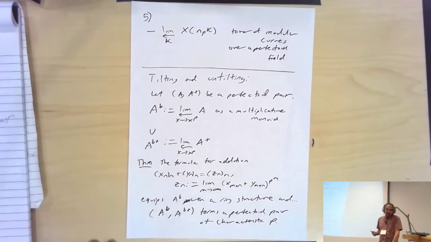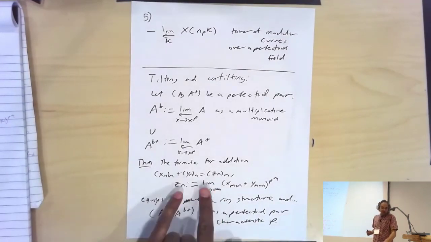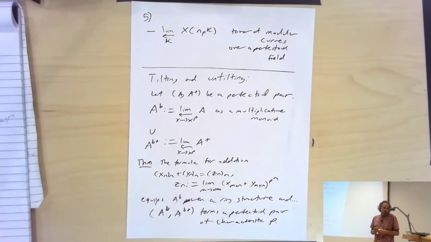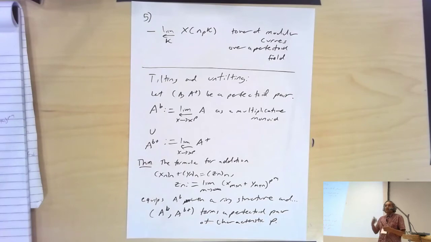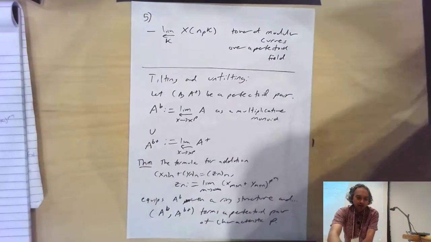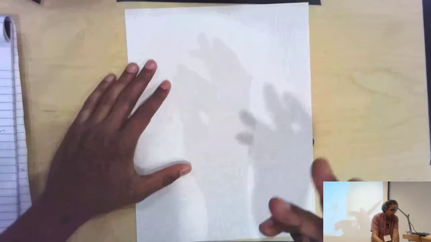So again, you use the same kind of argument that Jared explained to get a ring structure on A flat, and A flat plus will be preserved. You can again compare it to truncations. So maybe I should just mention the analog of the truncation argument that Jared indicated.